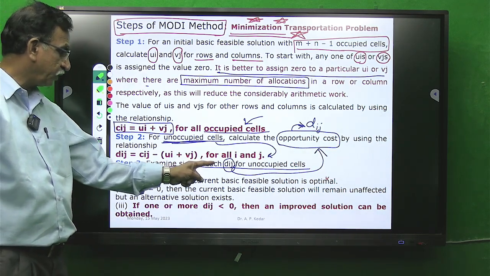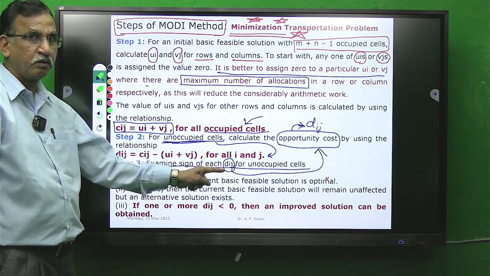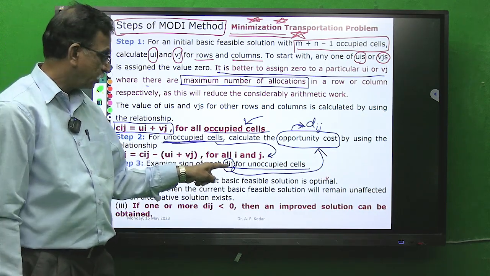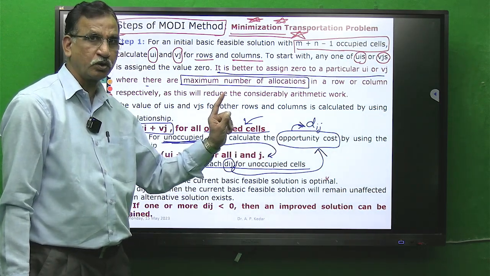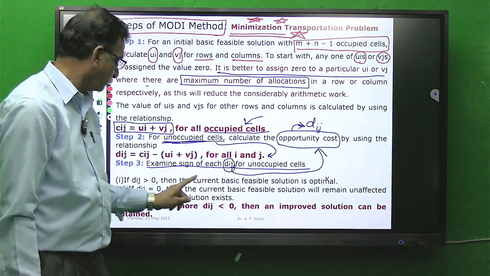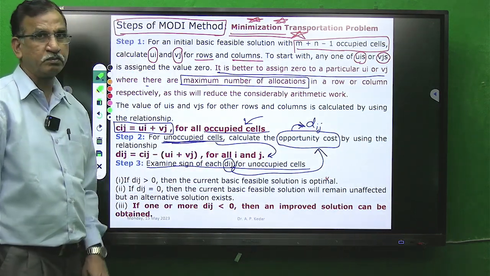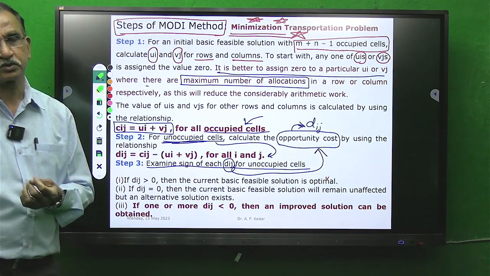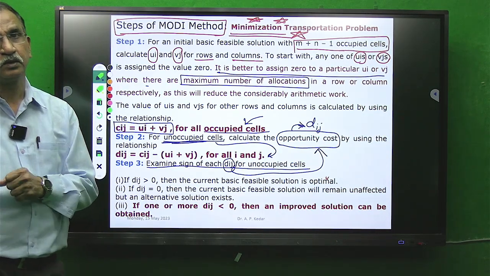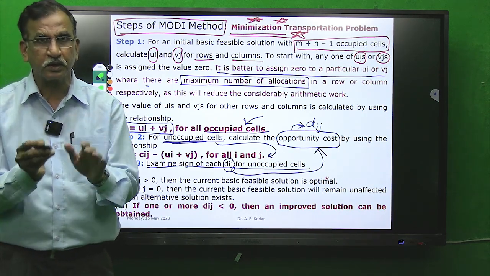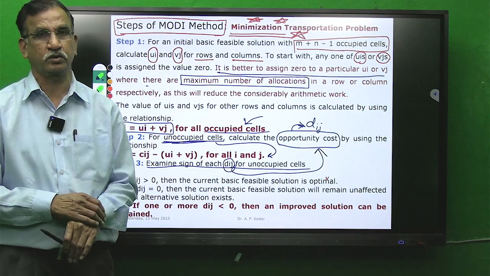Repeatedly I am telling you, Dij is the opportunity cost. Examine the sign, meaning whether it is 0, plus or minus. Accordingly, we will decide whether the solution under test is optimal or not.